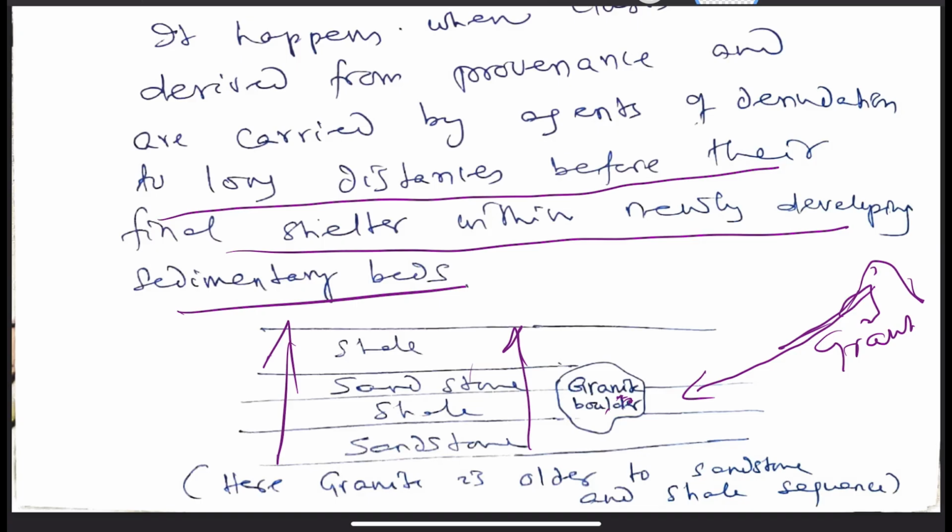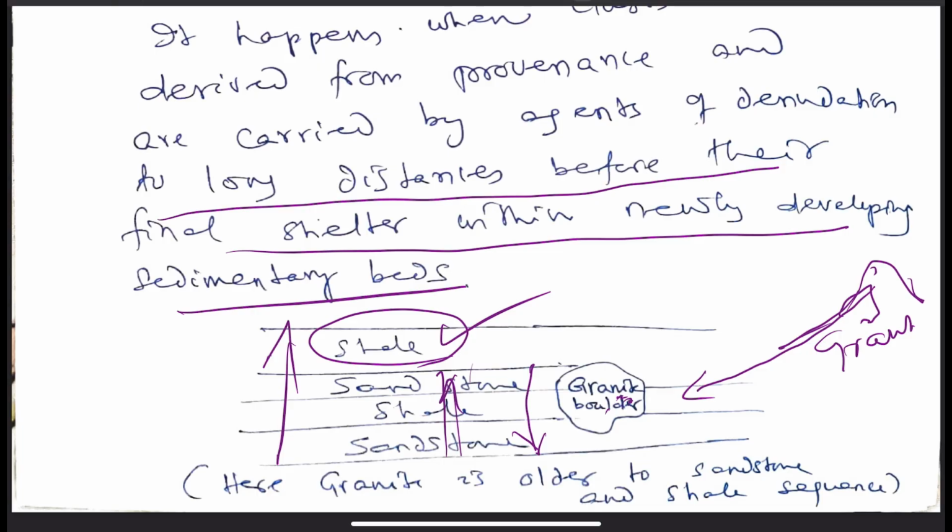So the granite here is older to this sequence, and then this sequence, and on the top we have the shale, which is the youngest. So granite oldest, followed by this sequence, and on the top we have the shale.